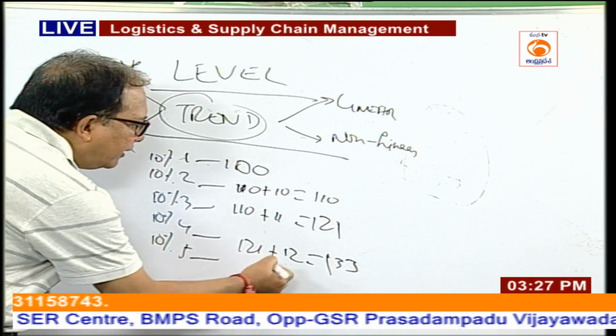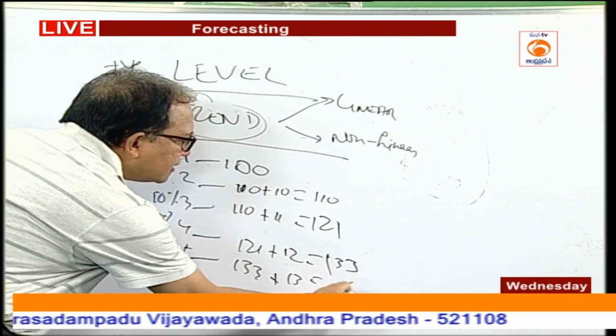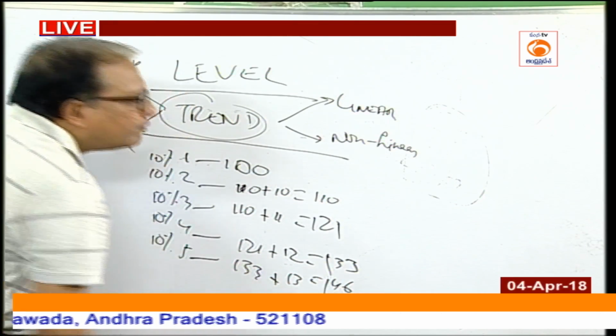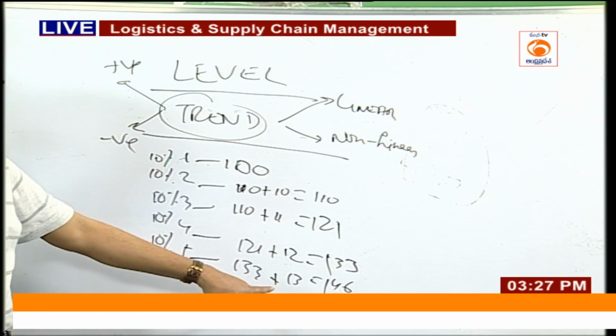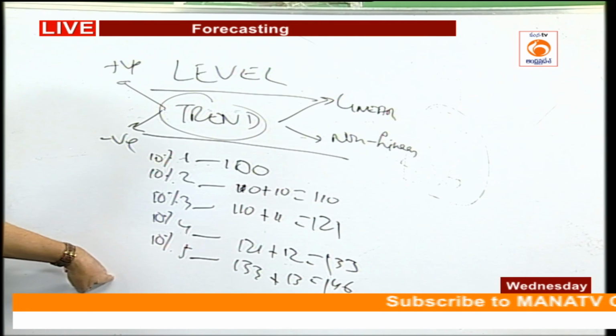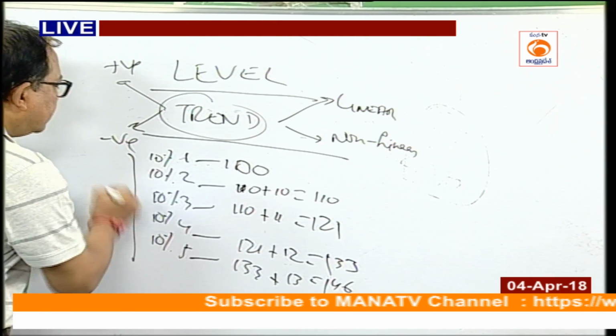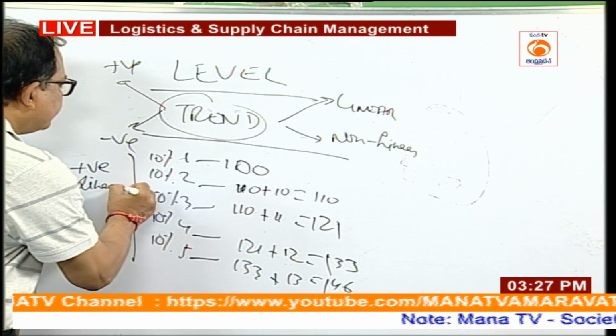In the fifth period, again 133 plus 10%, which is 13, 146.41. So, it is a positive trend and it is increasing at a uniform rate. So, this is called positive linear trend.